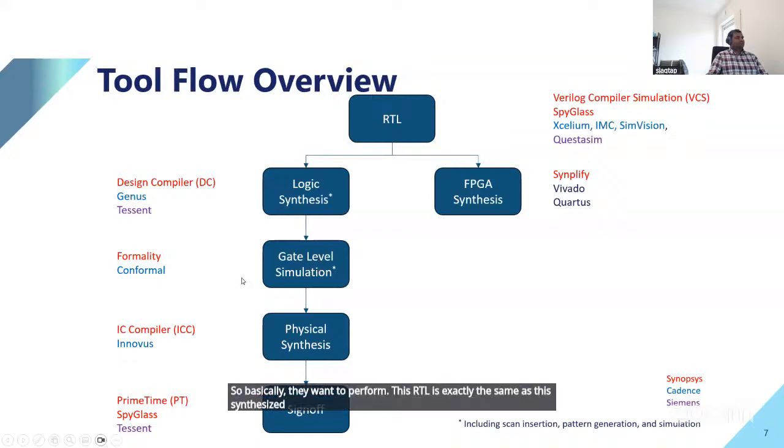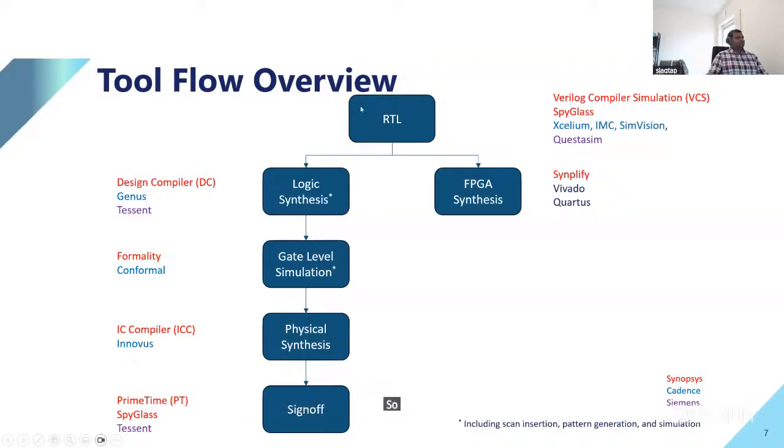So they perform some kind of formal verification also. We will look at formal verification after some time, but that's basically an equivalence check: functionally, this RTL is exactly the same as this gate level netlist. I will show you in detail how exactly it looks. So that's a test-independent check.